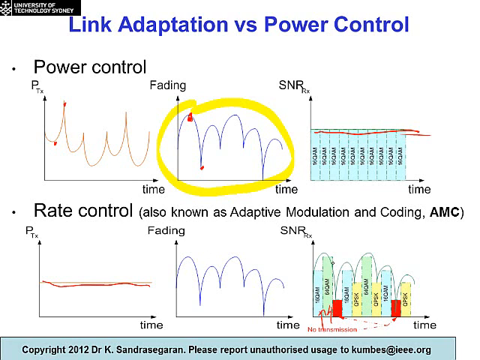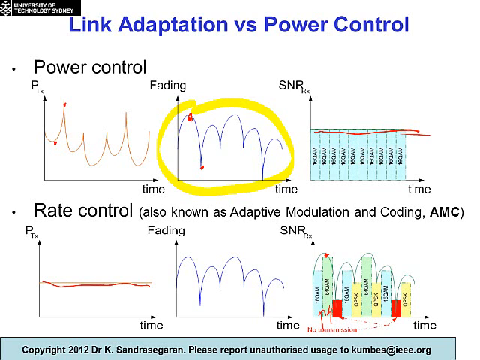So when we have a good channel quality, like somewhere up here, in power control we might transmit at a higher power, but in link adaptation we use a higher order modulation scheme. So in the case of LTE, we might use 64 QAM, for example. And when the channel quality is very bad, we might not transmit at all, or we might use a low order modulation scheme such as QPSK.